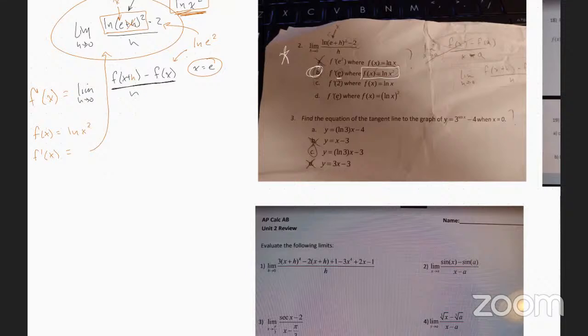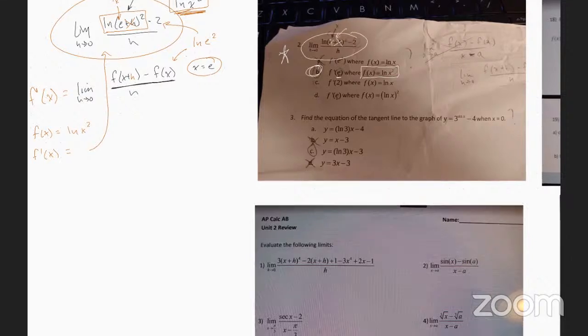I basically just get rid of the h and plug in an x where that is, and that's probably what I plugged in for x. X equals e. You get what I'm saying? And this is f of e.